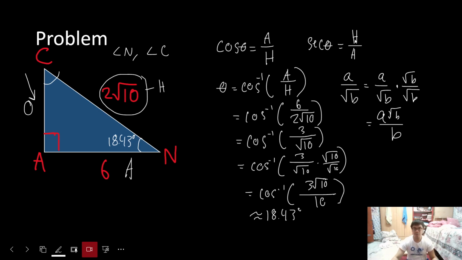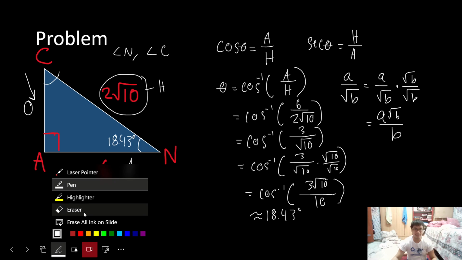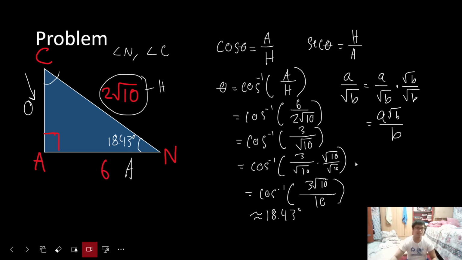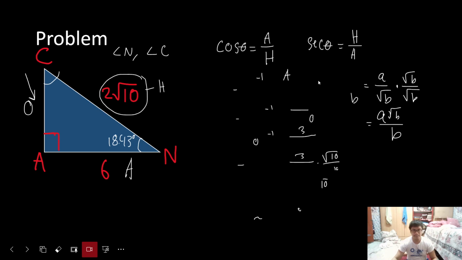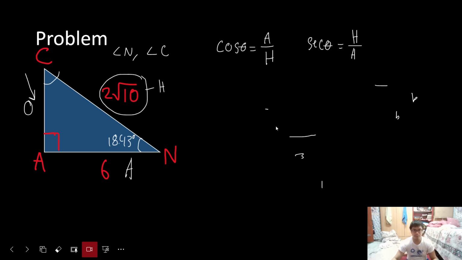If you wish to use secant theta, I mean, the inverse of secant theta, wait, let me just erase my handwriting here. If you want to see the solution, just pause backward. So going back, if you wish to use arc secant, there's no problem, but you're going to use its equivalent.